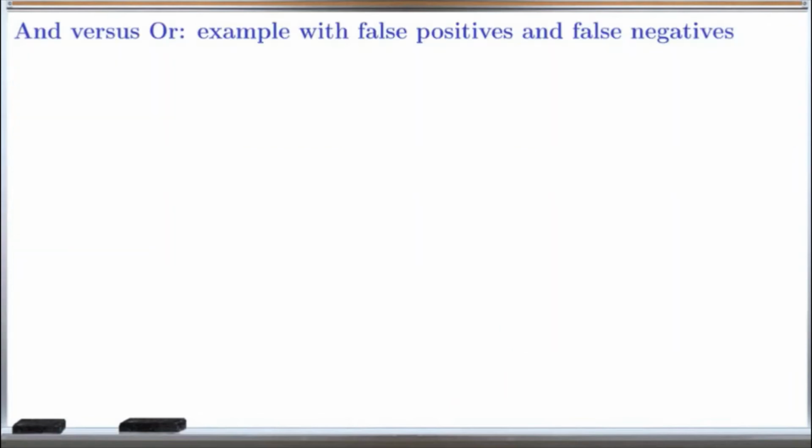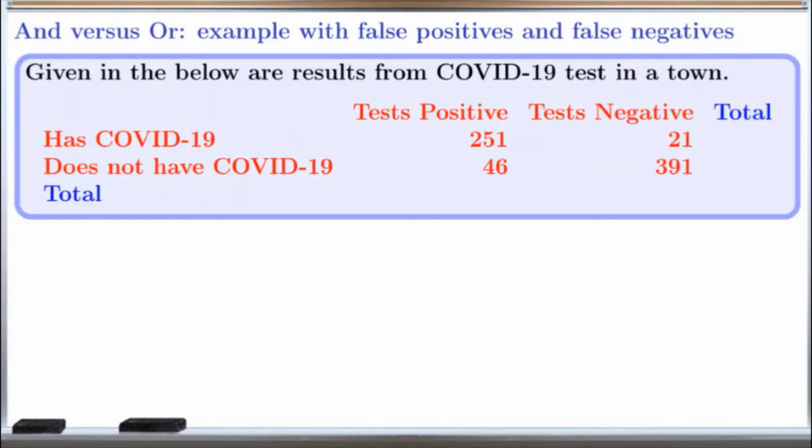Now let's look at this example, AND versus OR, with false positives and false negatives. So let's look at this table. Given below are results from COVID-19 test in a town. So let's take a moment and try to fill this up. So this one, 251 plus 21, over here it would be 272.